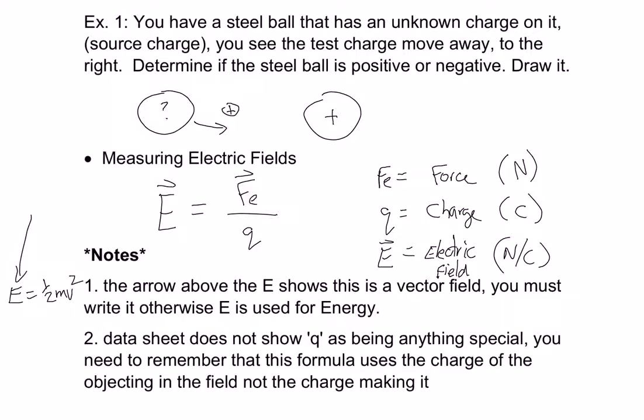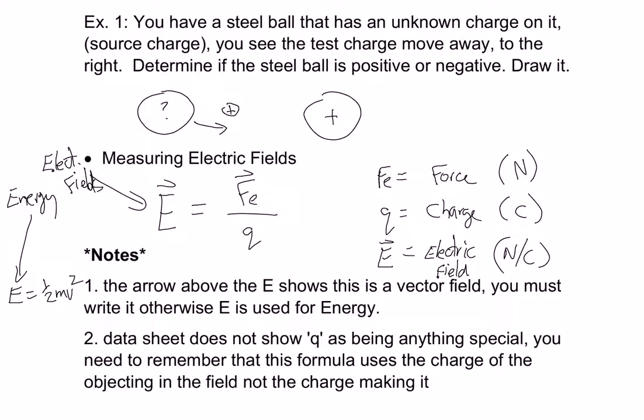So when we have E without the arrow, we're talking about energy. And for one with the vector arrow, we're talking about electric fields. It's a little bit confusing because there's two E's in the two formulas, but you've got to make sure you know the difference between the two. Energy will never have the vector arrow. Electric fields will always have the arrow.